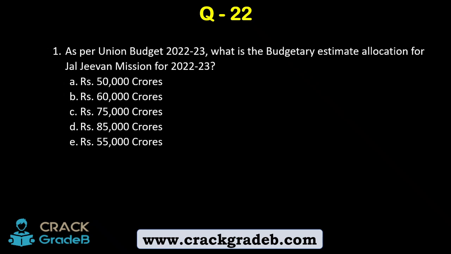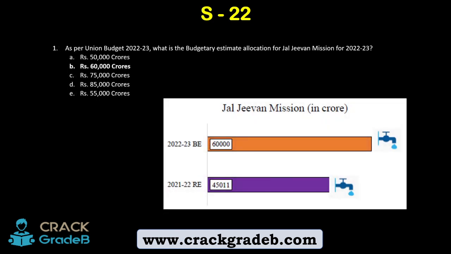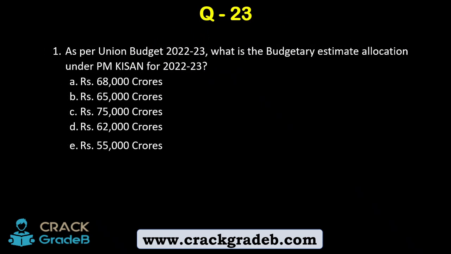As per the budget, what is the budgetary estimate for Jal Jeevan Mission for 22-23? Straight away, let's see the answer because this is a database answer. There is nothing. If you know, you know. If you don't know, it's very hard to guess. Okay, it's 60,000 crore. Let's move forward and see the next one.